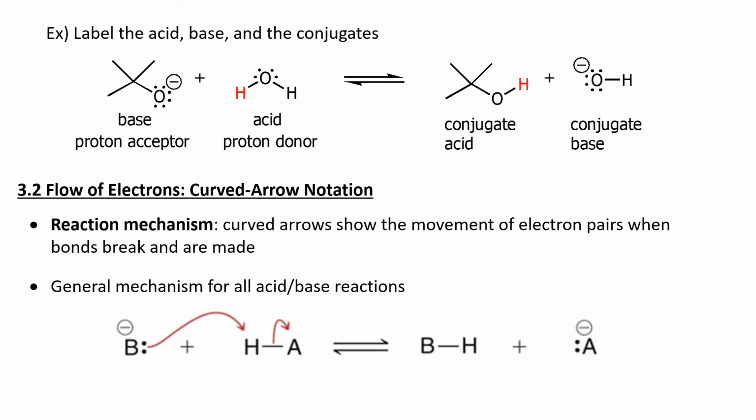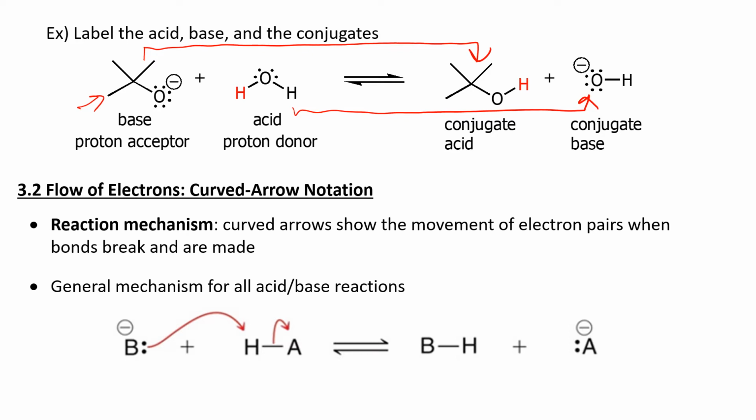Here we have another example of a problem where we want to label the acid, base, and their conjugates given the structures. So if we look at our first molecule, let's look what happens to it. It has gained a proton. That makes it the base. And if we look at water, water has lost a proton.